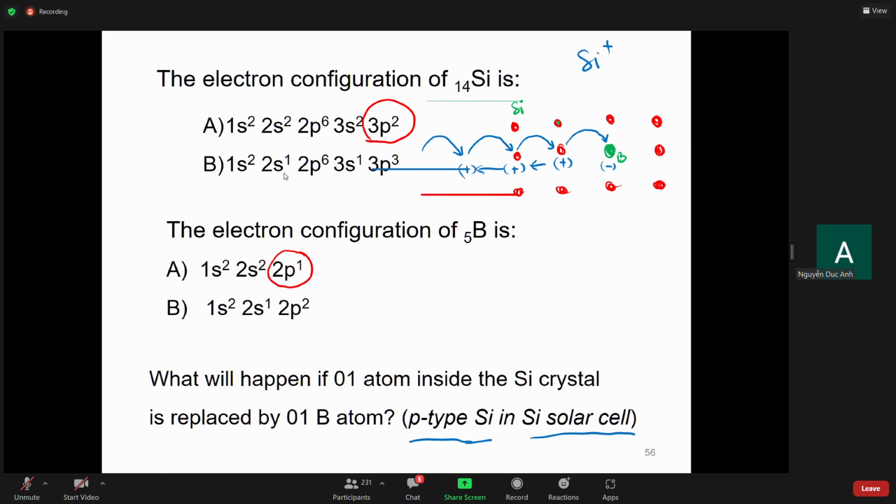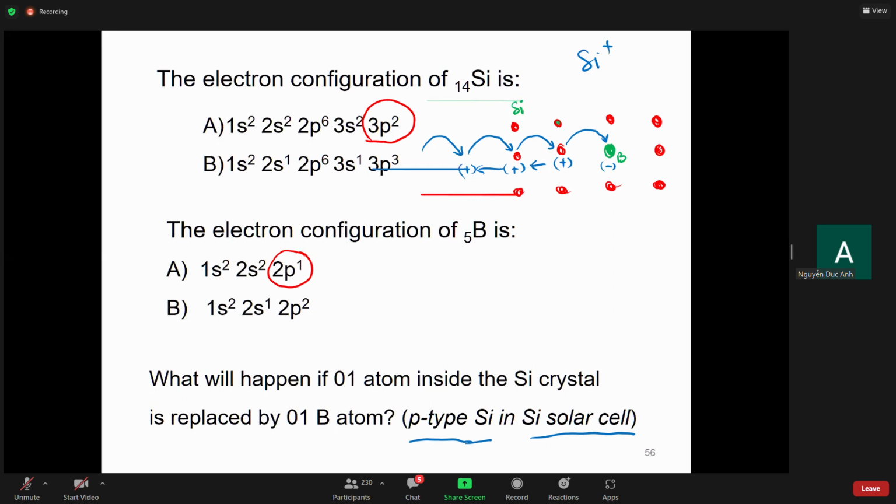We call this one n-type. Exactly, thank you, Chi. By that process, you let charge move inside the silicon crystal. By that way, the material goes from insulator to conductor, or we enhance the ability of silicon to transport electrons.